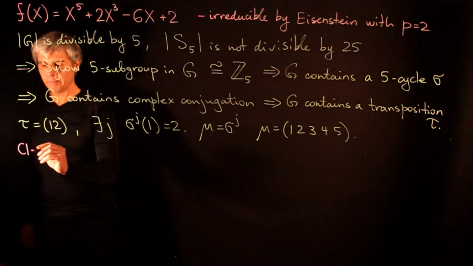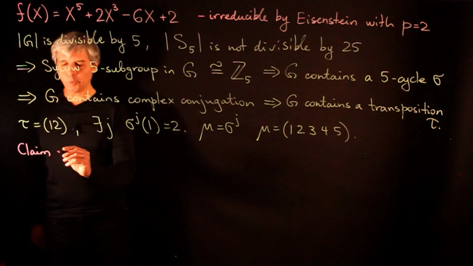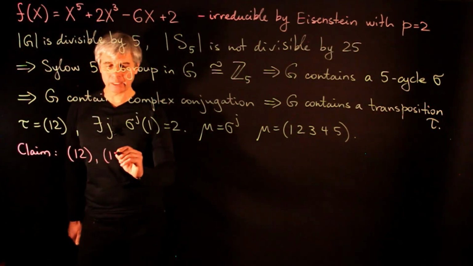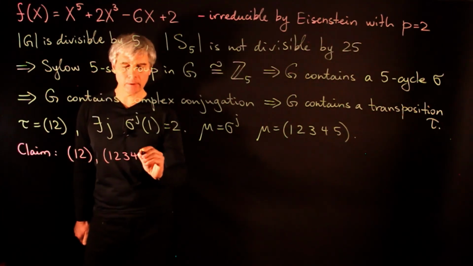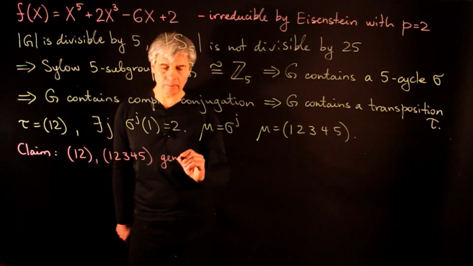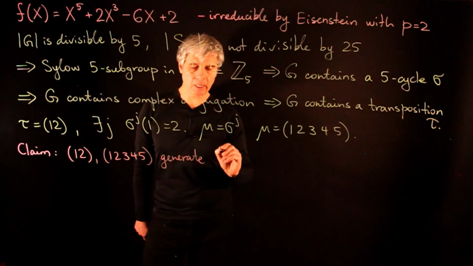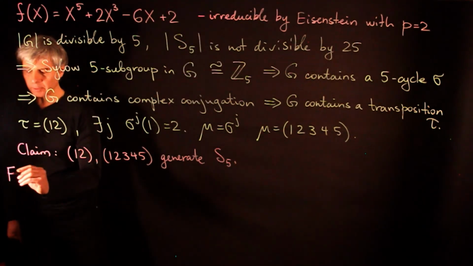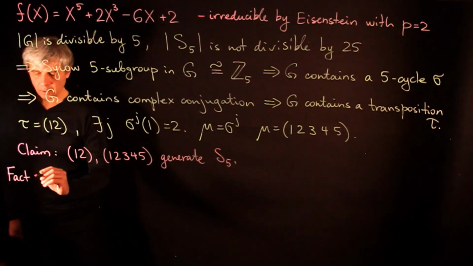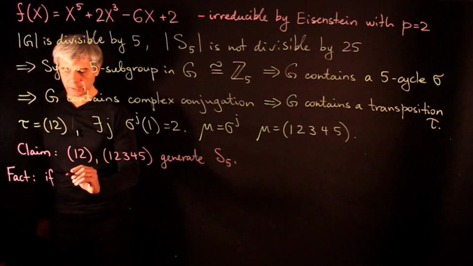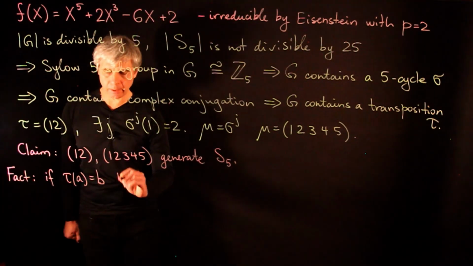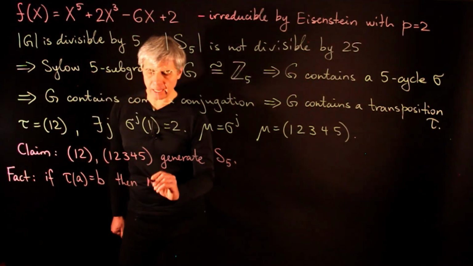We claim that permutations (1 2) and the cycle (1 2 3 4 5) generate S5.